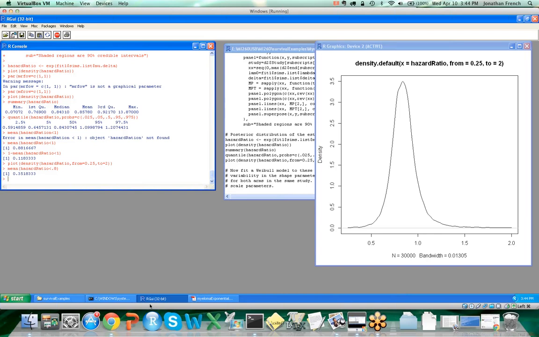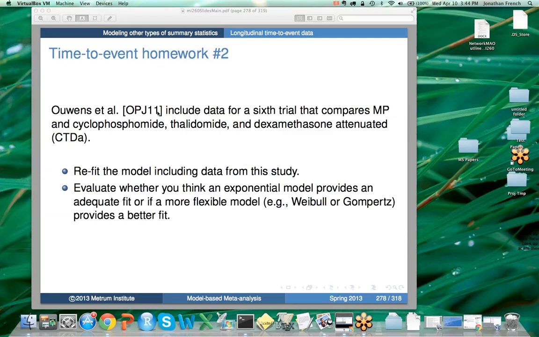So these are the kinds of summaries we can do from fitting these survival models. Okay. So your homework is going to be to do a similar kind of analysis, but bringing in that 6th trial and making comparisons, in addition to between NP and NPT, to CTDA.